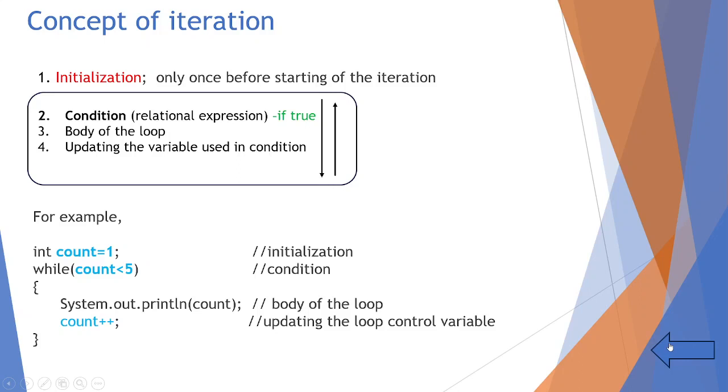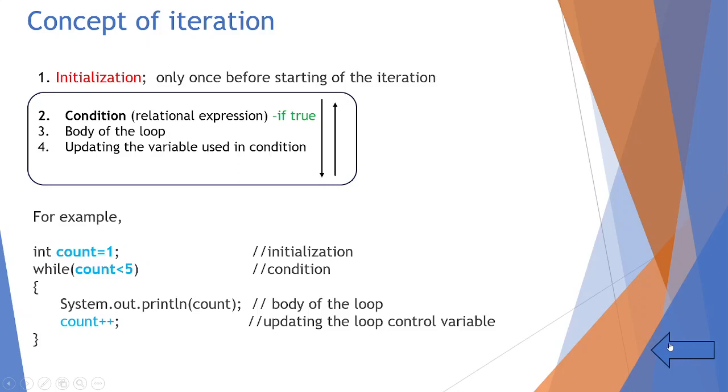So in order to print count 4 times or anything 50 times, we need to create a loop. That is, the loop control variable increments or decrements or multiplies or divides, something it does in order to repeat that System.out.println.